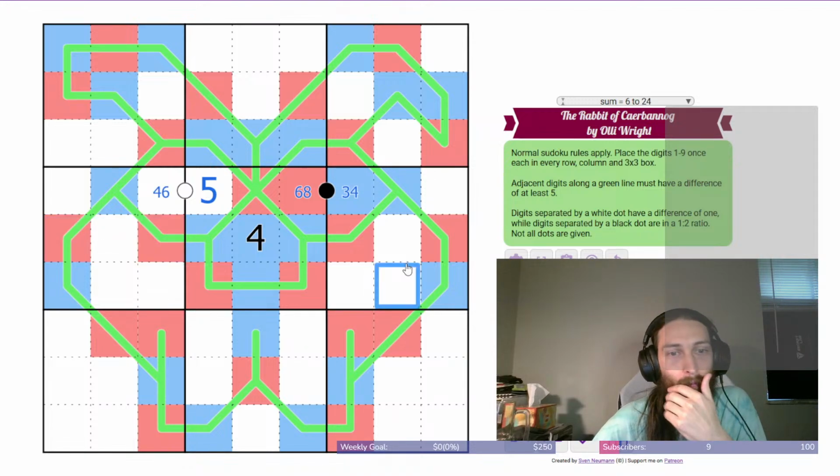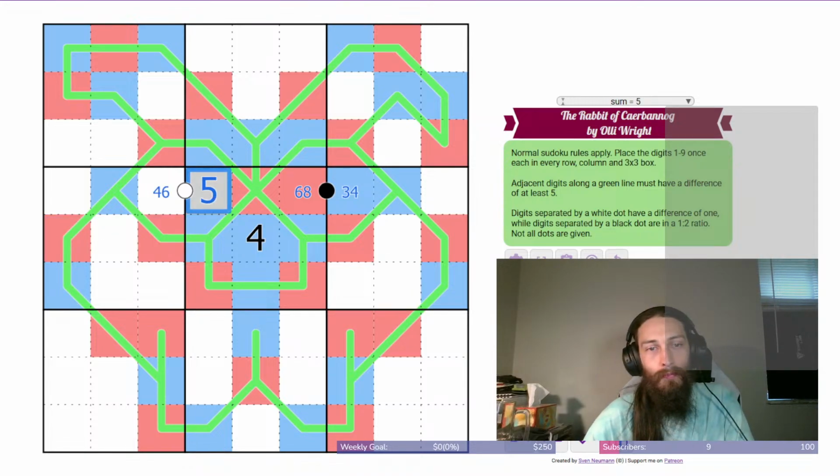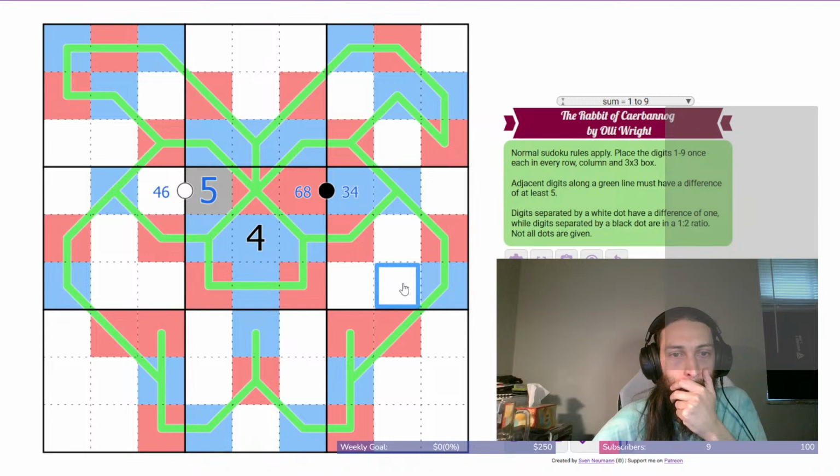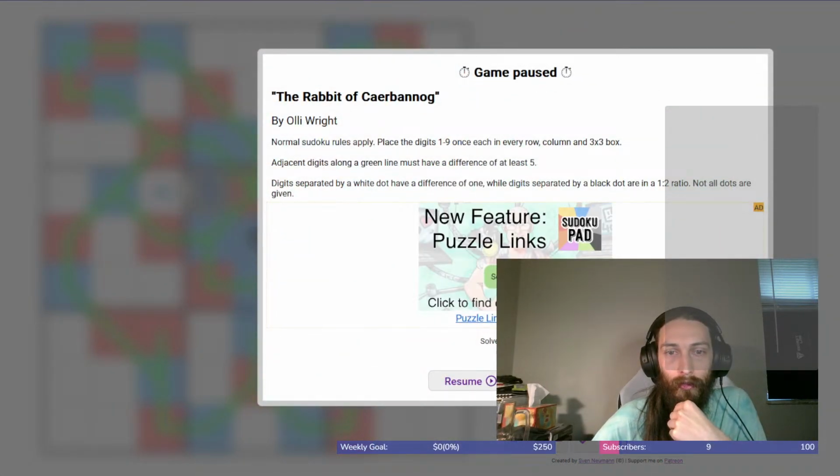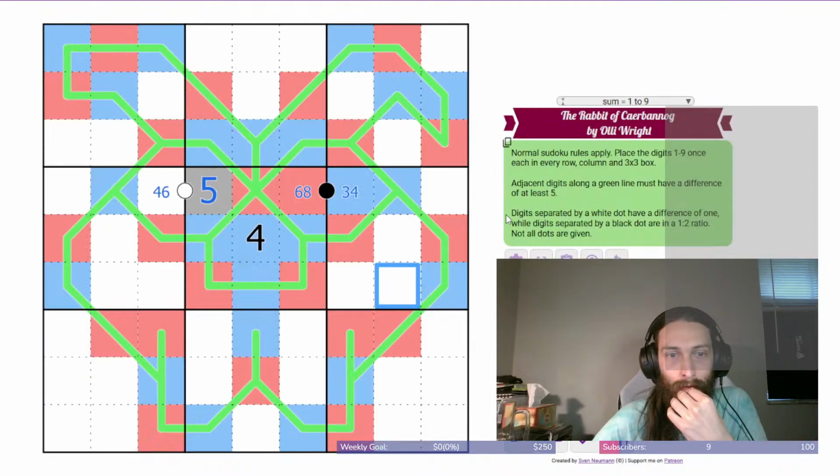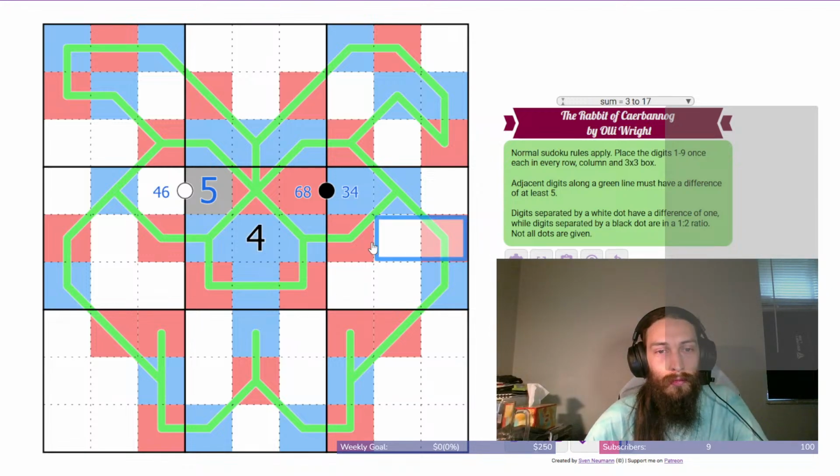Okay, I must be missing something. On the 4 in the middle, 4 of those.